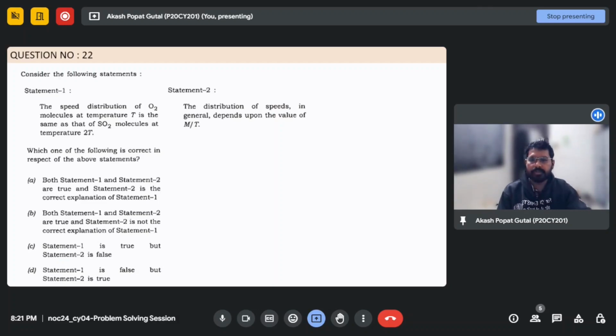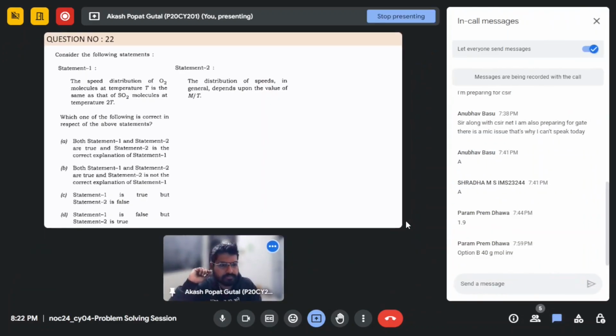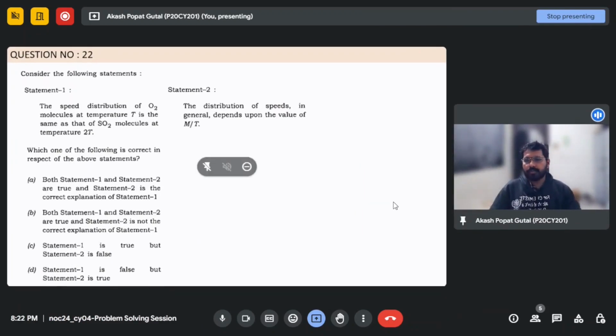Statement 2: the distribution of speeds in general depends upon the value of m by T. This is also a geochemist exam question. Try to solve.